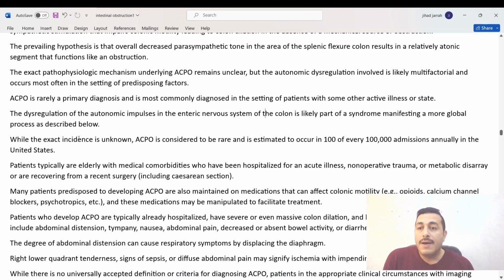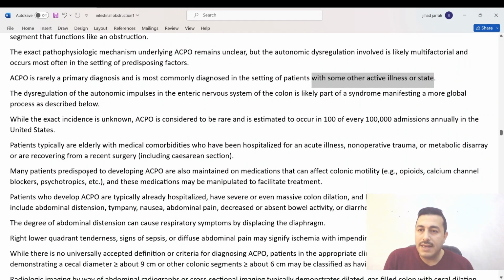It's rarely a primary diagnosis, and usually it is a consequence of other active illness. As we said, we should review the other underlying pathology. It's similar to paralytic ileus, though the causes can be different.